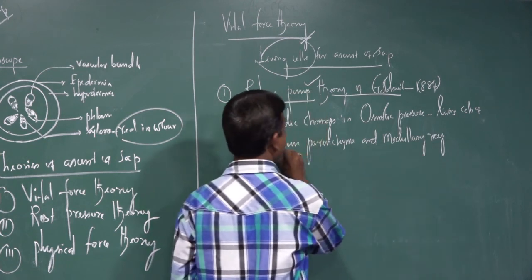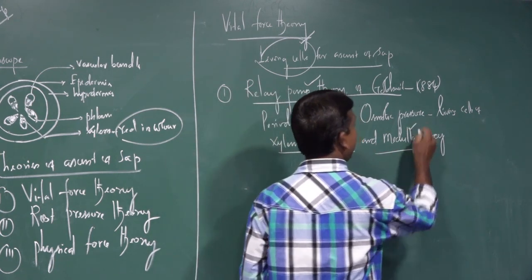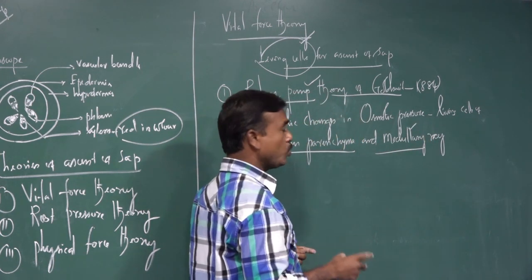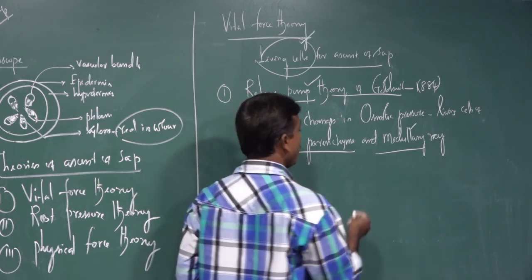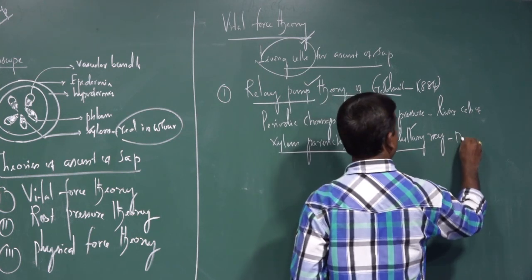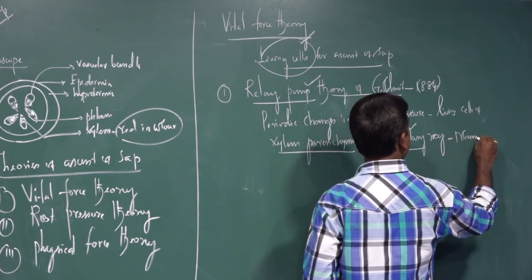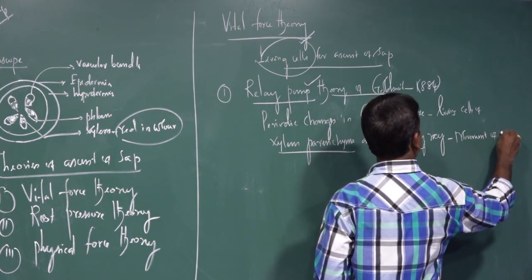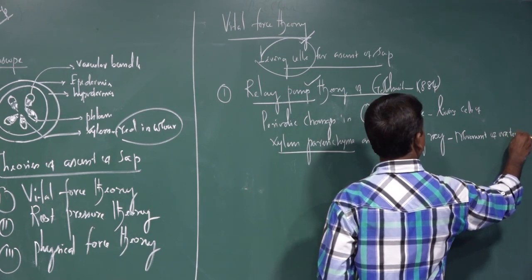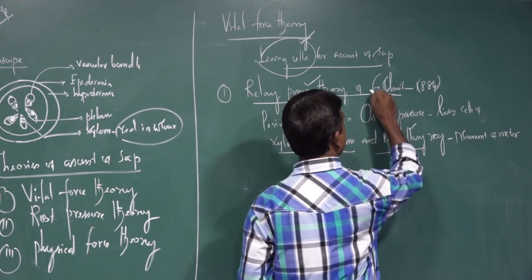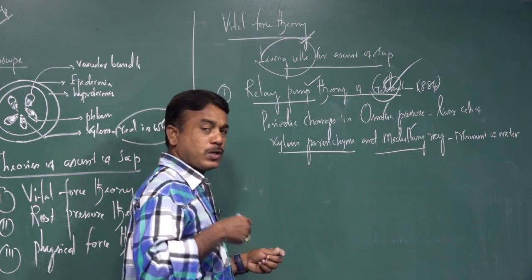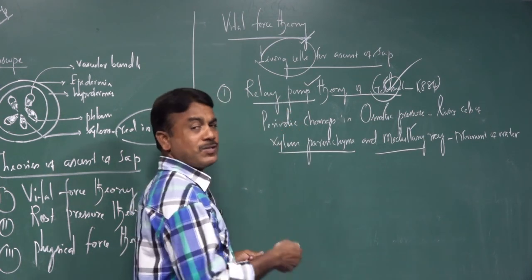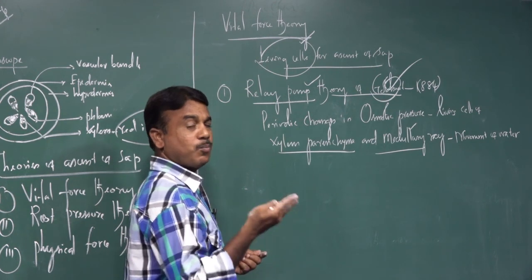That is, living parenchyma cells and medullary ray, these two give a push to help in the movement of water. That is commonly called the relay pump theory. With the help of this pressure, movement takes place.